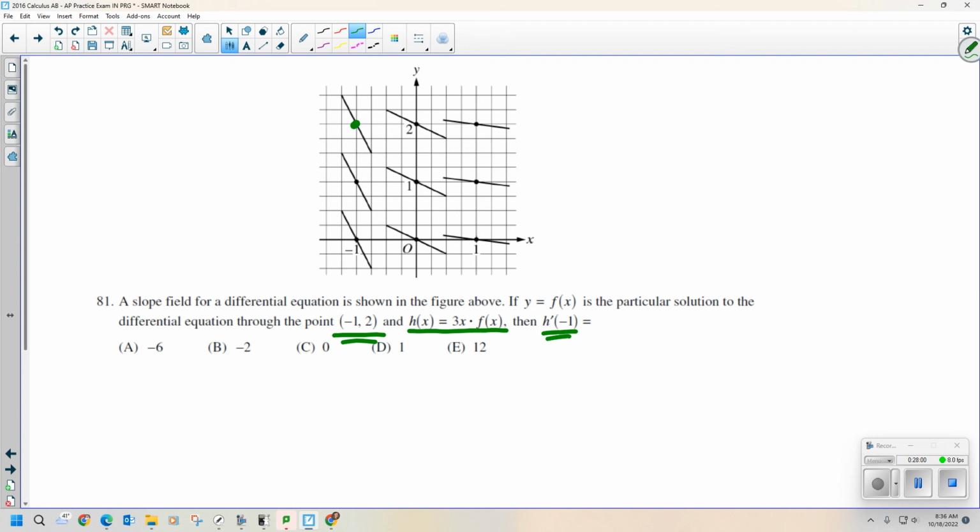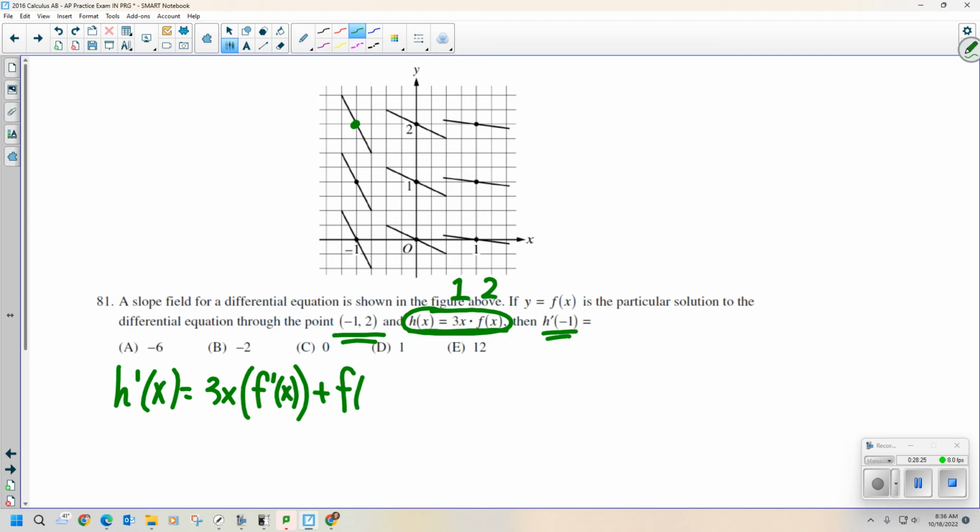The first thing I'm going to do is take the derivative of what they gave me, and that's the product rule. My first expression is 3x, and my second is f of x. So the product rule states it's the first, 3x, times the derivative of the second, f prime of x, plus the second, f of x, times the derivative of the first.